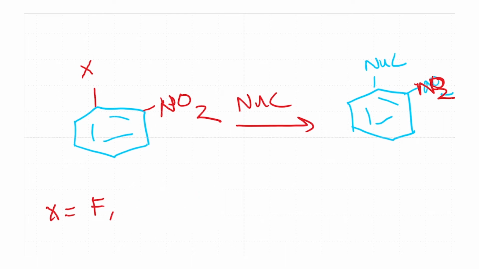We just vary the halogens in the series that we are by now quite well acquainted with, and then again we measure the relative rate of this reaction.